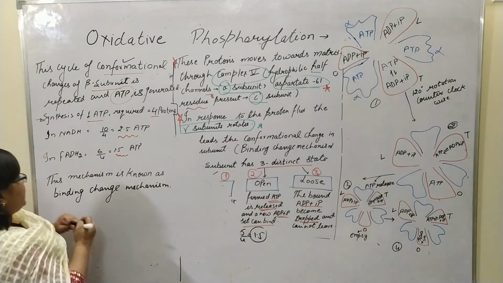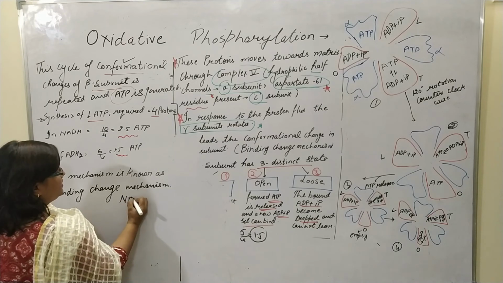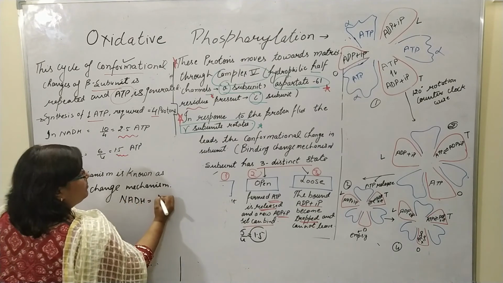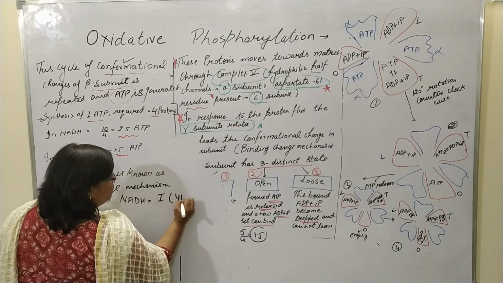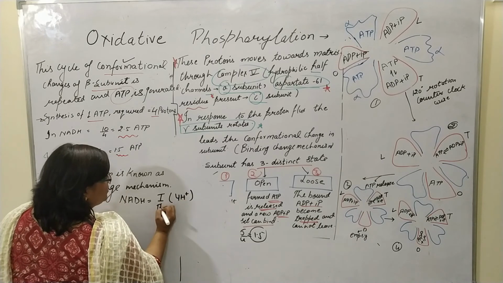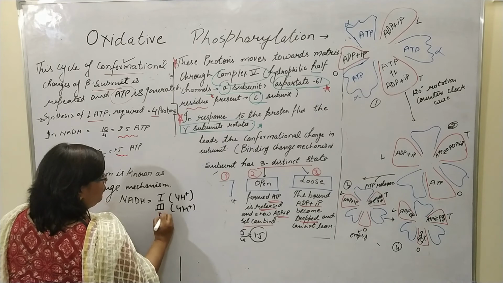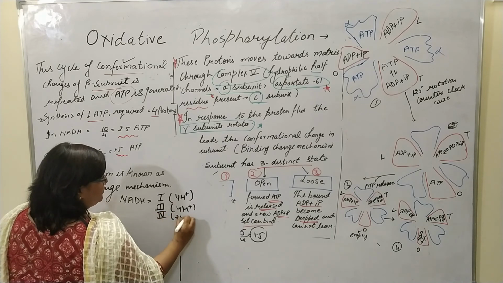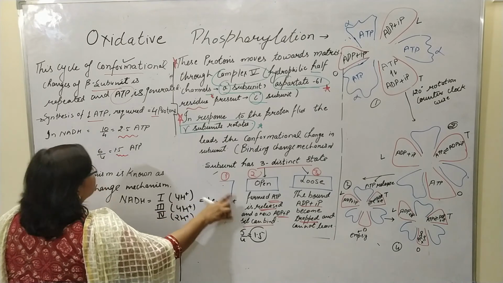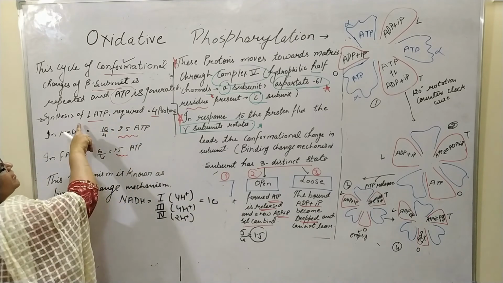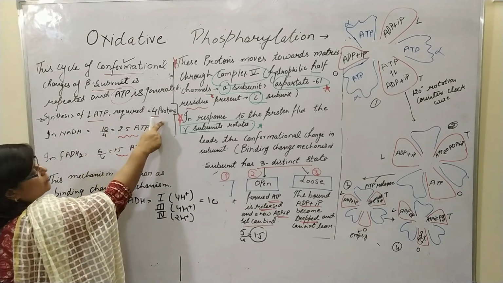For NADH, in complex 1, 4 protons are involved, in complex 3, 4 protons are involved, and in complex 4, 2 protons are involved. So the total is 10 protons. And you have to keep in mind that for the synthesis of 1 ATP, 4 protons are required.